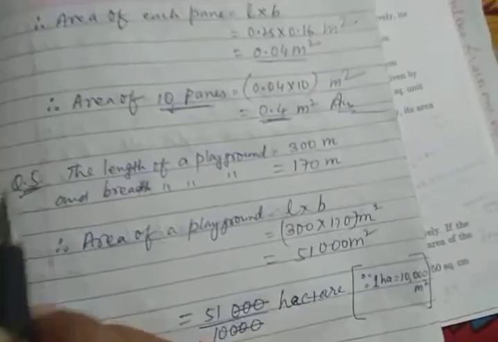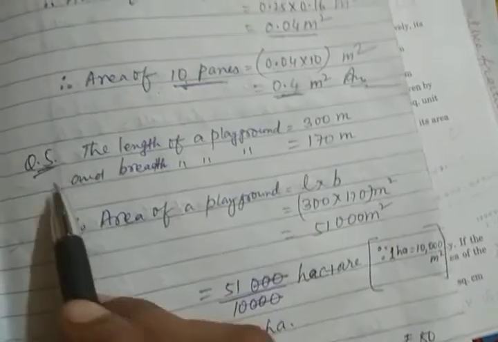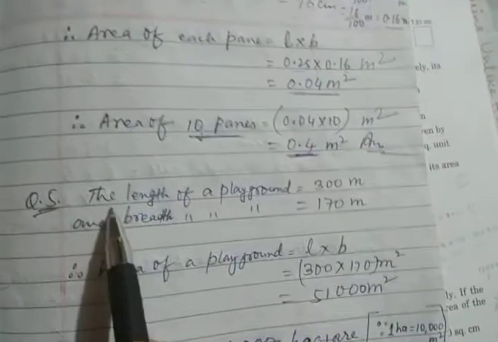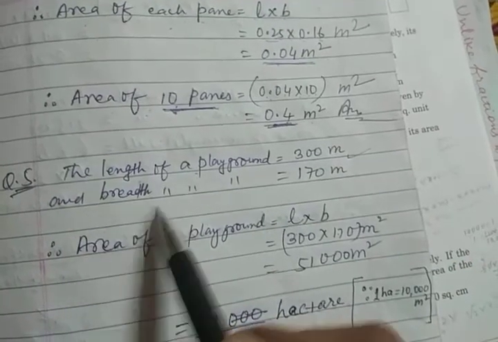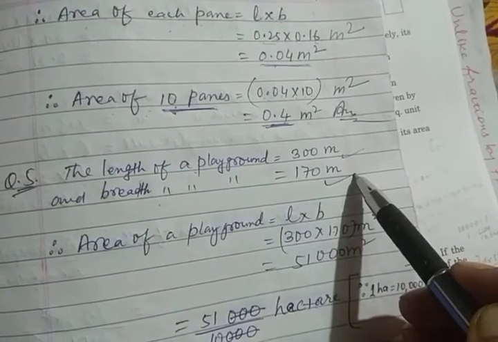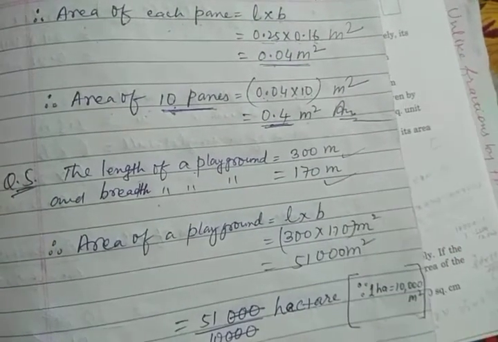So guys, you can see the question number 5 here. The length of a playground is 300 meter and breadth is 170 meter.